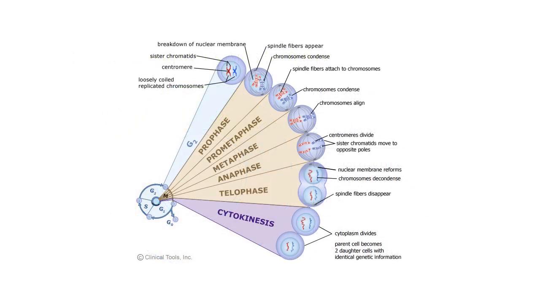So here's another cool picture that kind of shows it all. At the bottom left there, you can see the G1, the S, and the G2 phase. And in the G2 phase, you can see that the sister chromatids are starting to become loosely coiled. And then in prophase, the spindle fibers appear. In pro-metaphase, you have spindle fibers attached to the chromosome. Then metaphase, you have the chromosomes aligned.